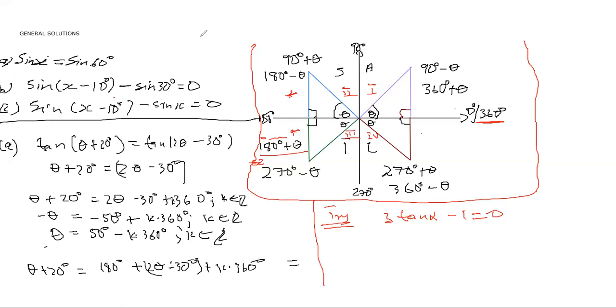And let me not insult your intelligence. I will leave you to complete this problem, because from here the drill is just the same thing. It is just a matter of simplifying, taking the 20 to the other side, and that's just about it.